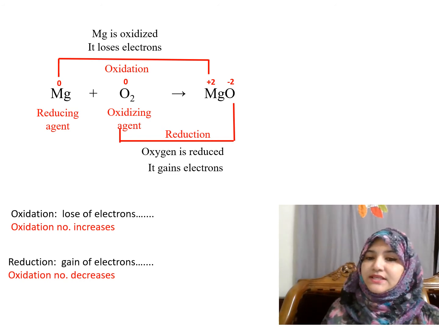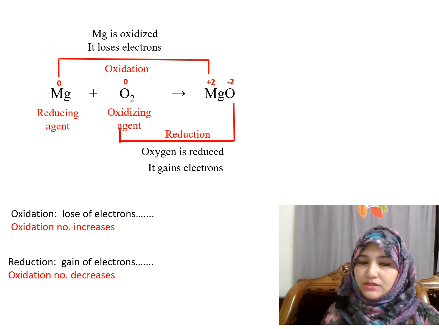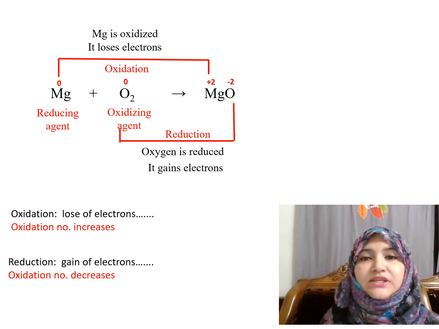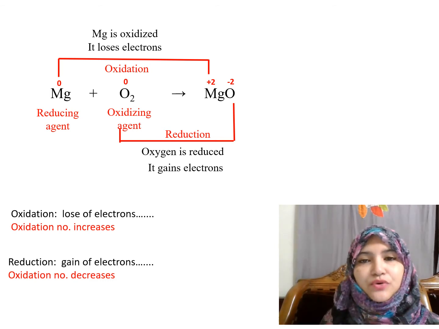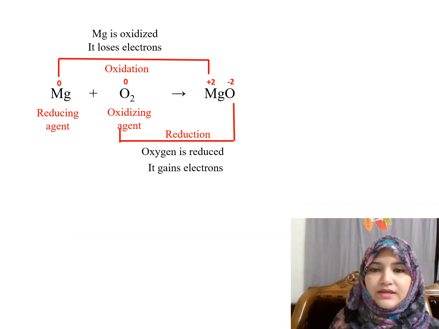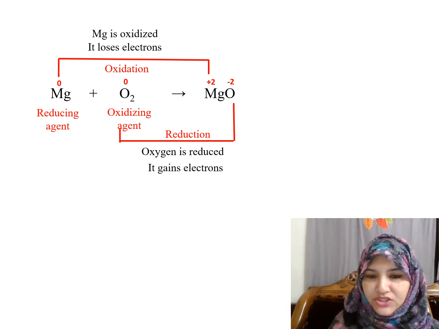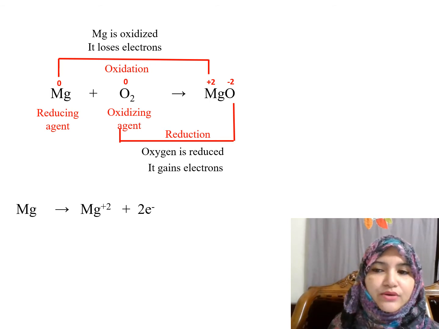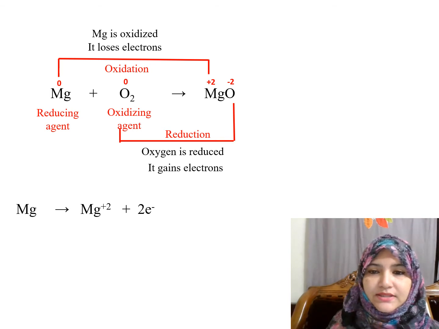These are some terms that you want to be familiar with when dealing with any type of redox reaction. Now let's go back to the reaction. Magnesium is changing into the magnesium ion, magnesium 2+ ion.